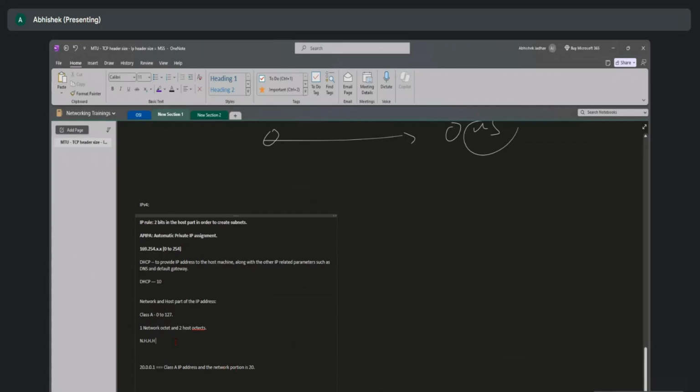So when you write a class A IP address, because IPv4 generally relies on subnets, without informing the device which particular portion is a network portion and which particular portion is a host portion, you will not be able to route the packets from one source to another destination, right?